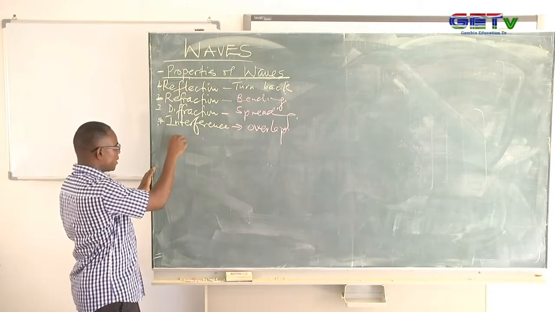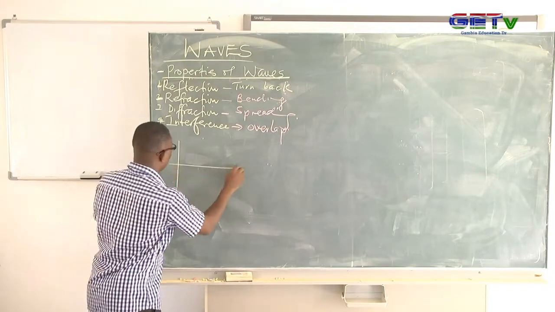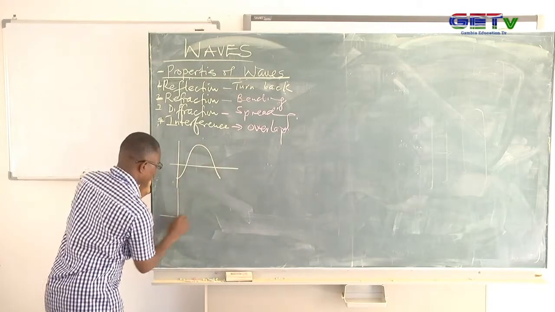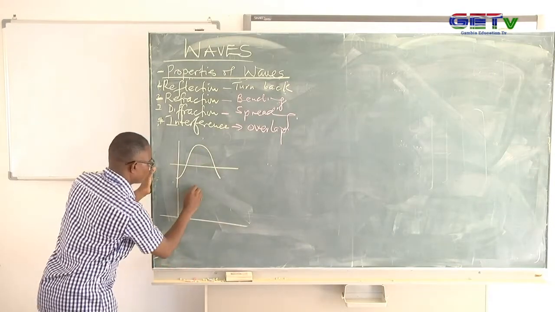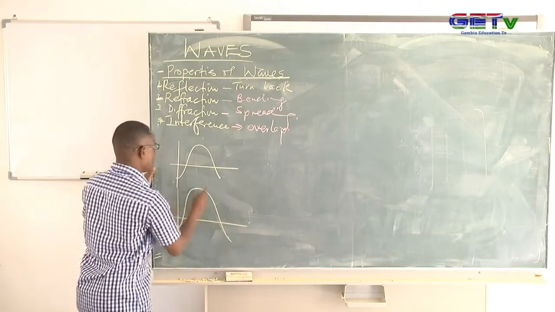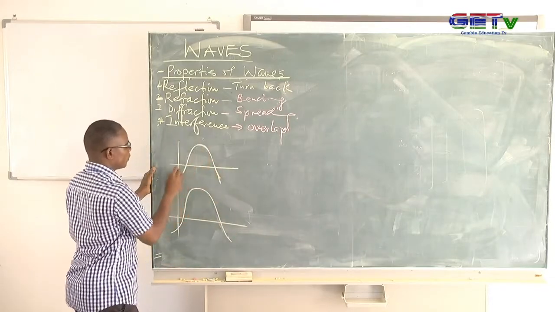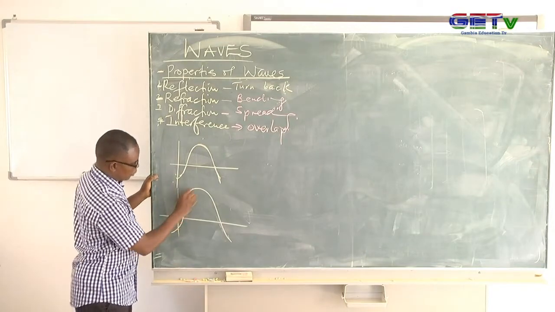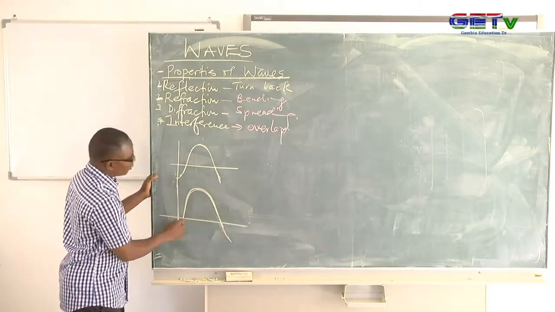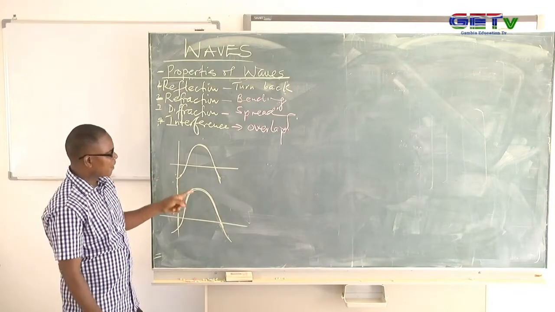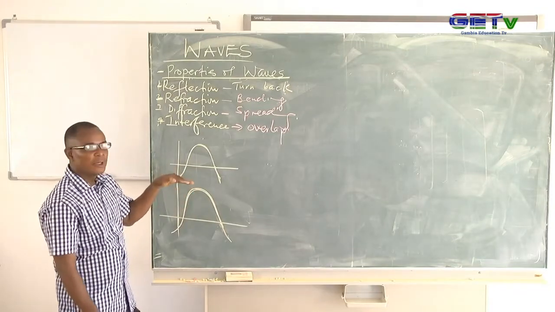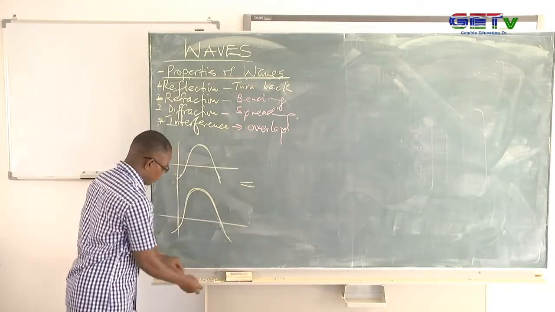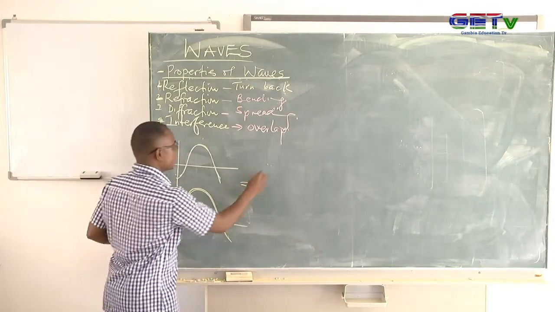Now if you look at this diagram, I have a wave moving away, and another wave also moving in the same direction. These two waves have the same amplitude, and they are identical, as you see from their structures. They are moving in the same medium, so what results when they come together? That is superposition, and you see a resultant wave.